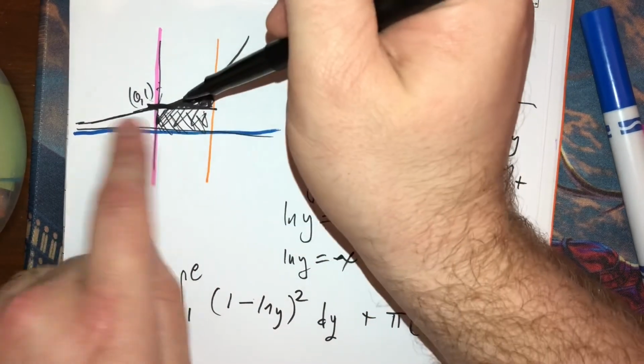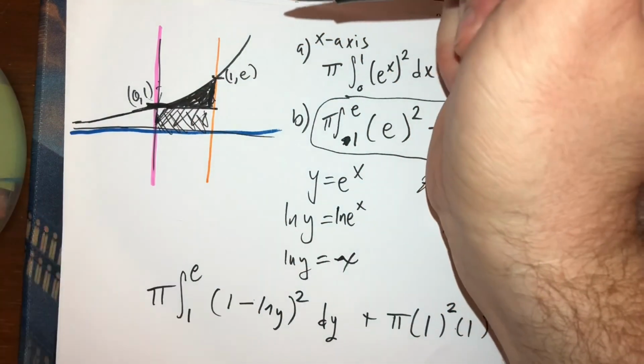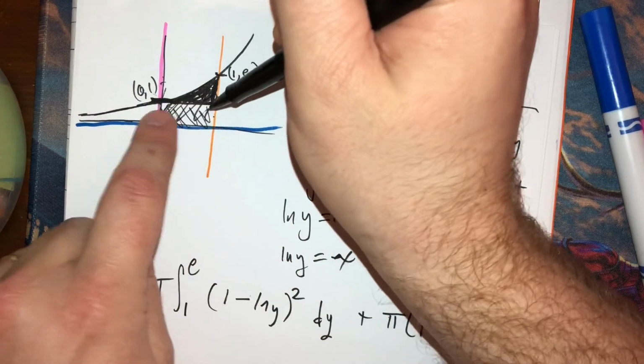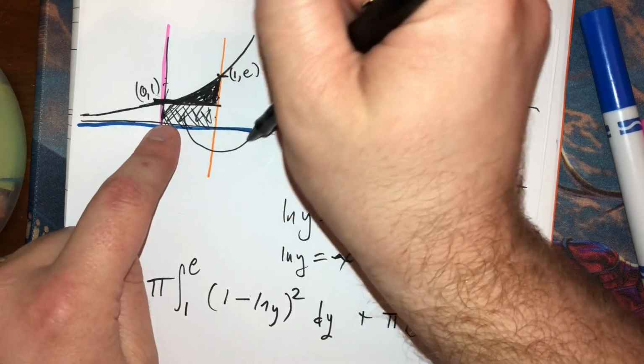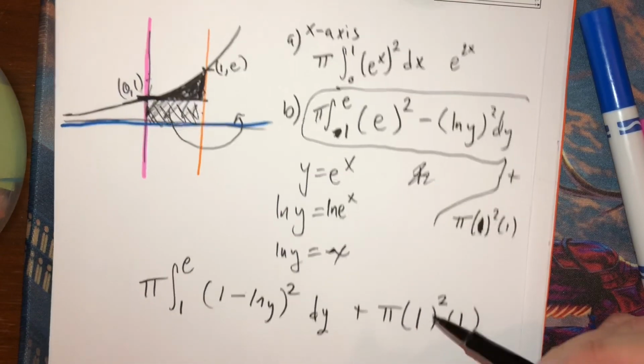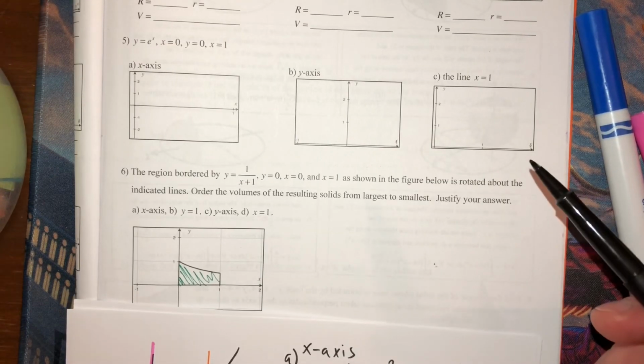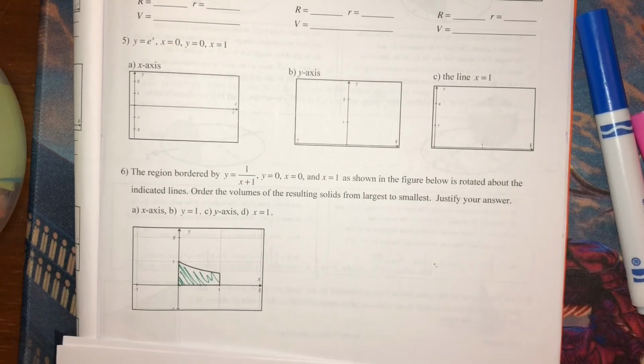I was saying, hey, take this thing and go around the y-axis, but we're going around y equals 1. In this case, it doesn't matter because the radius is still 1 the whole way. It's just spinning it around that way this time. So it'll still be pi times 1 squared times 1. Woof. All right. So that's those.